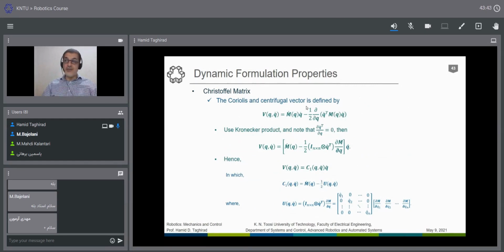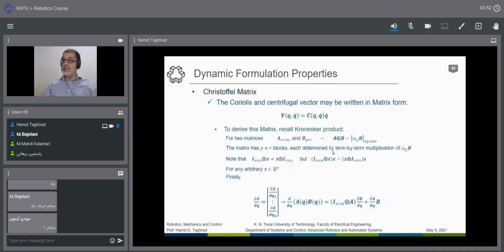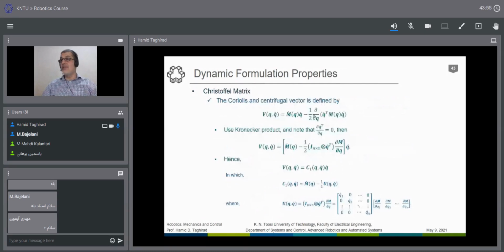If we use the Kronecker product in here, we can find this quite easily by the equation that I showed you, noticing that the partial of Q dot with respect to Q is equal to 0. And we will work with that. Of course, this general mathematical approach is very useful since we don't want to work component-wise, one by one, for each manipulator.